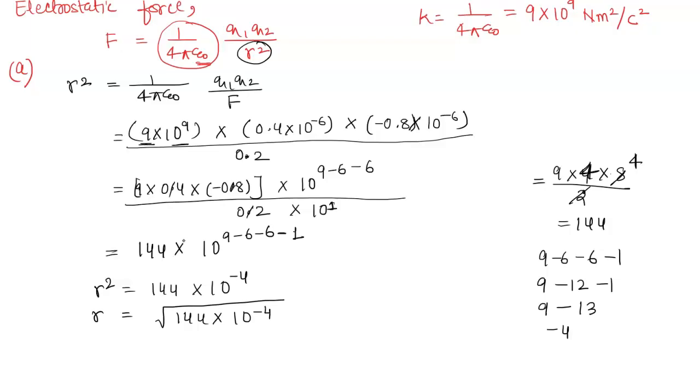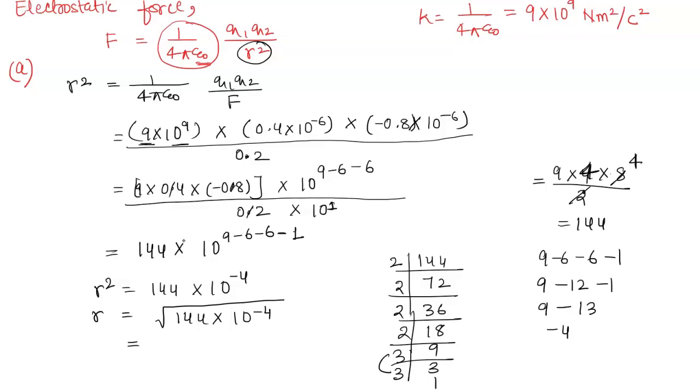To find the square root of 144, we factor it: 144 is 2 times 72, 72 is 2 times 36, 36 is 2 times 18, 18 is 2 times 9, and 9 is 3 times 3. We have pairs, so 3 times 2 times 2 times 3, that is 12. So the square root of 144 is 12, and the square root of 10 to the power minus 4 is 10 to the power minus 2, since 4 is the square of 2.